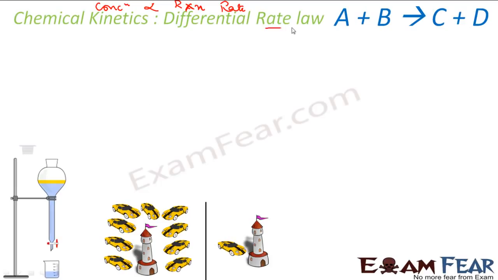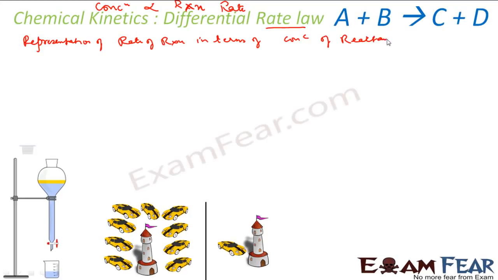So they came up with something called rate law, and rate law is nothing but my representation of rate of reaction in terms of concentration of reactant, and that is called rate law.